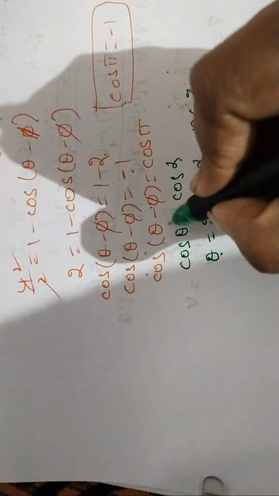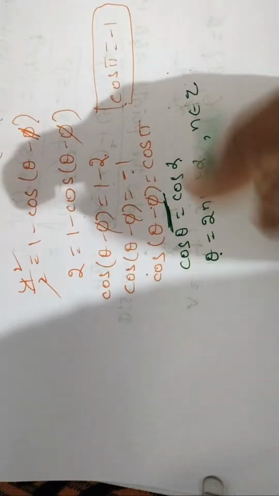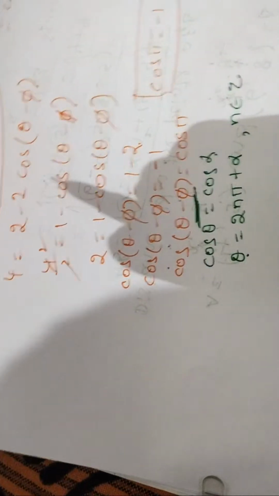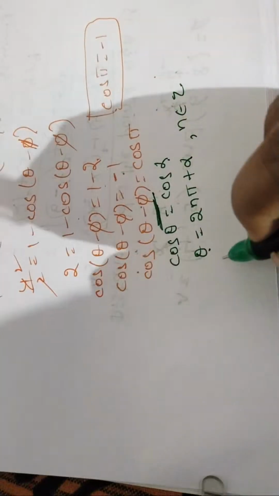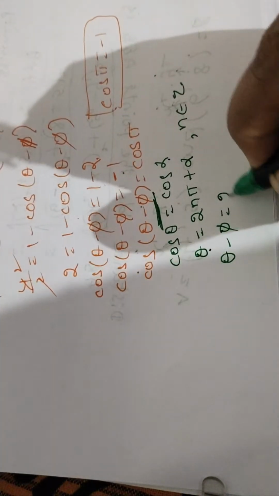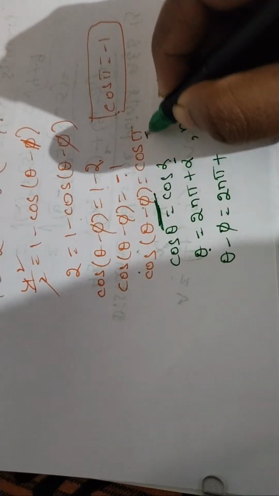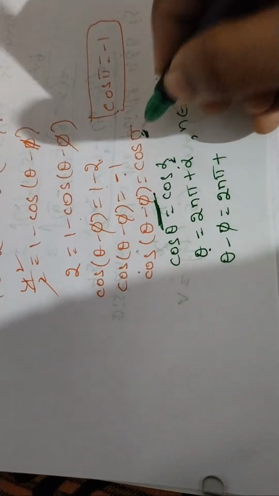Here, what is the theta? Theta minus phi. Write theta minus phi in the place of theta. Theta minus phi equals 2n pi plus alpha. In the alpha place we have pi.